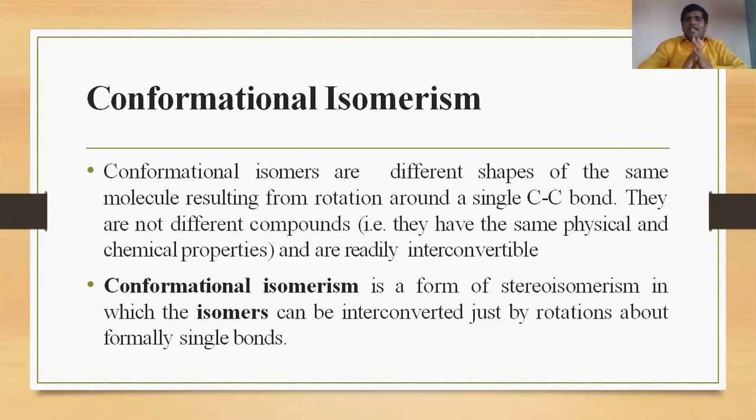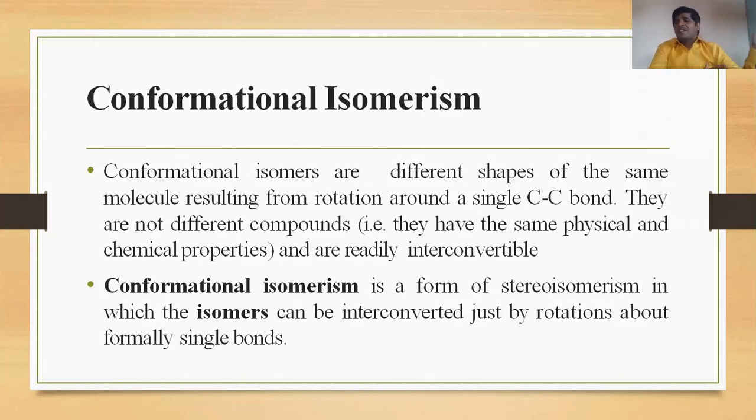So once again, I will discuss the definition here. Conformational isomers are different shapes of the same molecule resulting from rotation around the carbon-carbon single bond, and they are not different compounds because they have the same physical and chemical properties.